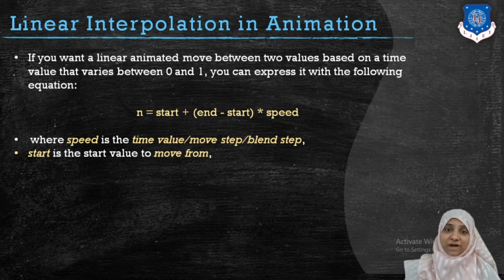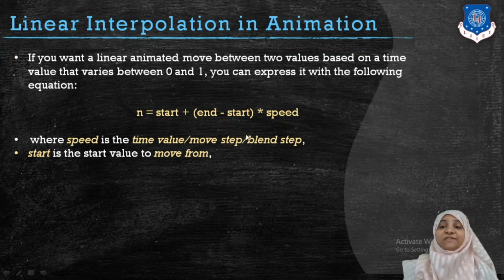So you can have fast, medium or slow animation, which depends directly on the value that you specify for this speed factor. Start value is the value from where you would like to start the animation, the place, the coordinate, the actual area from where the animation will start.